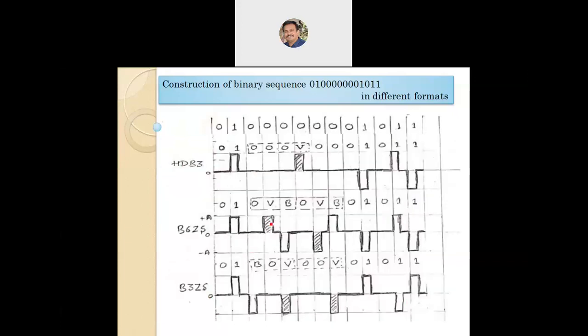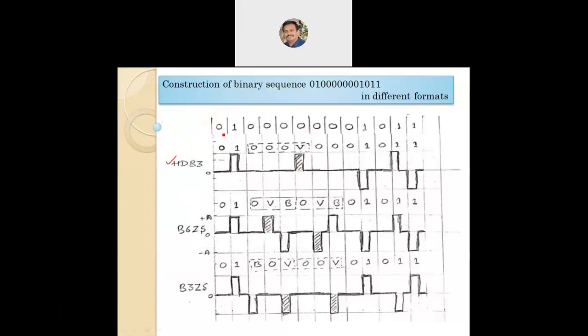Next construction, the format is HDB3. As per the discussion, we may use B00V or 000V. Here we are going to choose 000V for a group of 4 zeros.